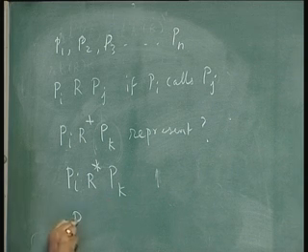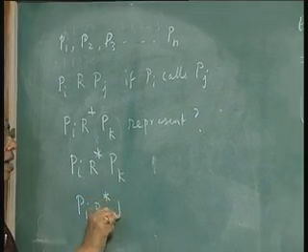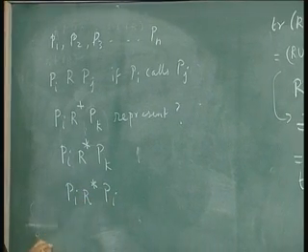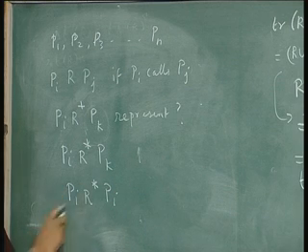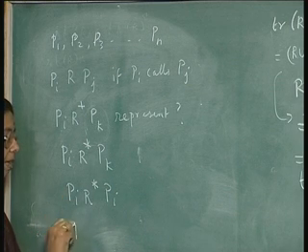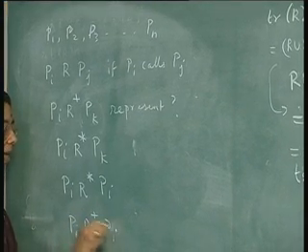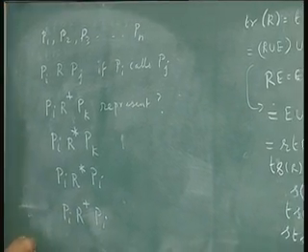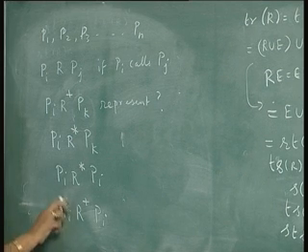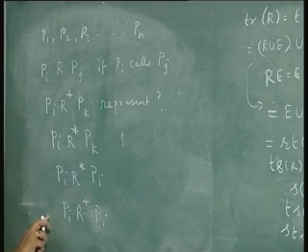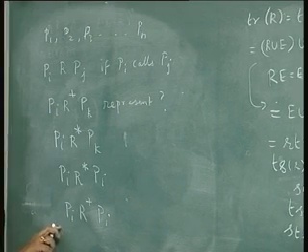Now, when do you say that Pi R star Pi? Of course, reflexive closure will always contain Pi, so this will always hold. But if you say Pi R plus Pi, what does that mean? It means that during the execution of Pi, it invokes itself either directly or indirectly.